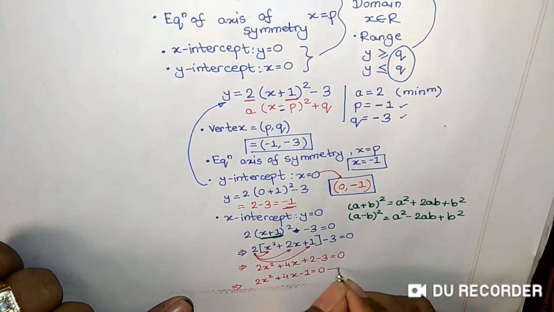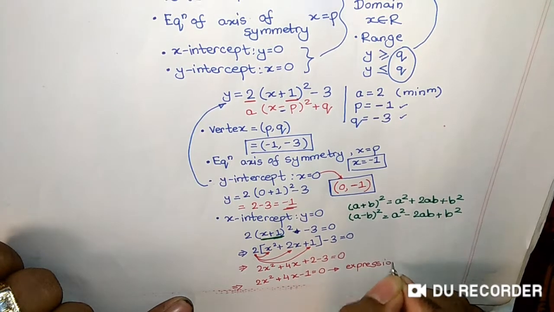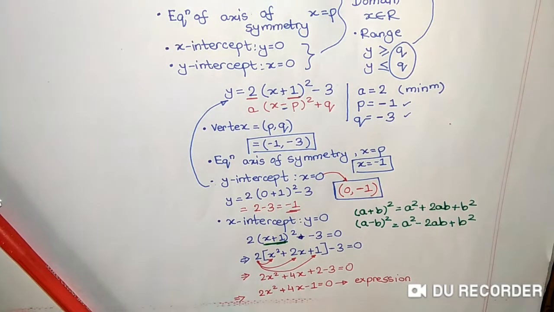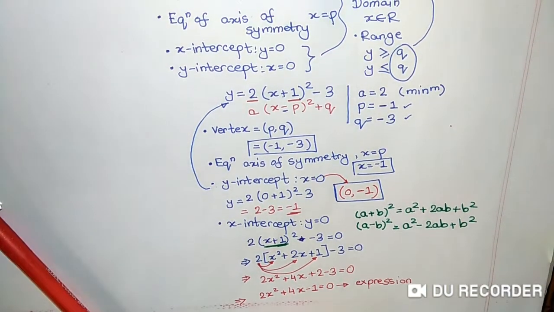Now as we end up with this sort of an expression, we will then be using our calculator to get the x-intercepts. And how is that possible? It's very simple. We will just take our calculator and insert the equation form.